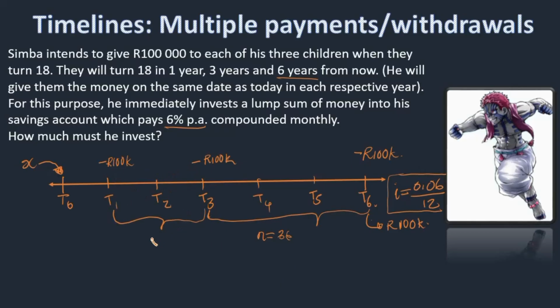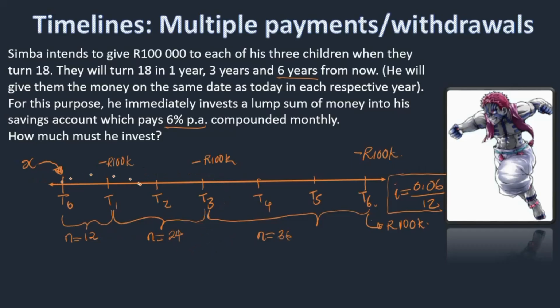That is 2 years. So my end here, it's like 24 months, right? It's 2 times 12, which is 24. And afterwards, I have a situation from here up until here, and that is 1 year, which is 1 times 12, which is 12 months, right? So this is my timeline.